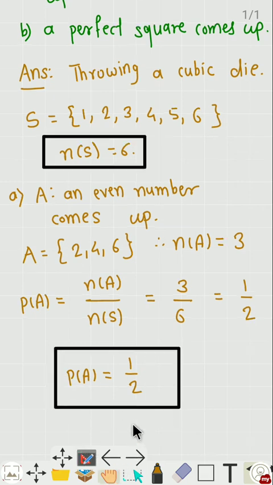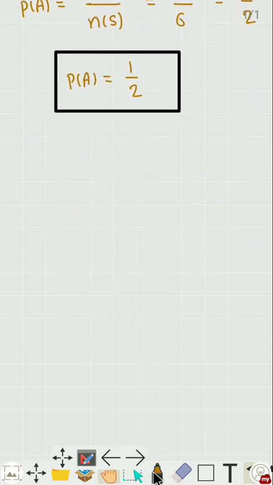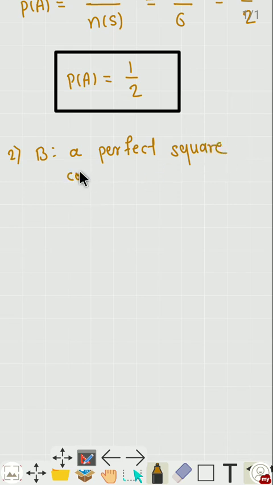Okay, now let us go to the second case, case 2. A perfect square comes up. Let us call B the event of getting a perfect square. Therefore, B contains the possibilities 1 and 4.